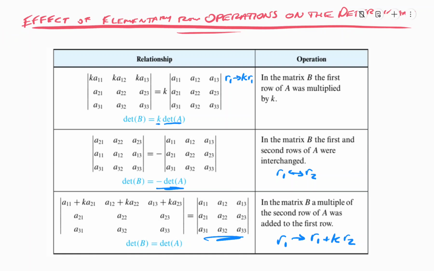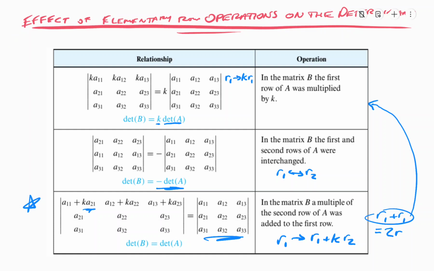However, if we were adding the same row to itself, this would actually be a scalar multiple, and that would change the value of the determinant of that matrix. So this case is only true when you add a different row. If you add the same row, that's basically multiplication, because obviously multiplication is repeated addition.